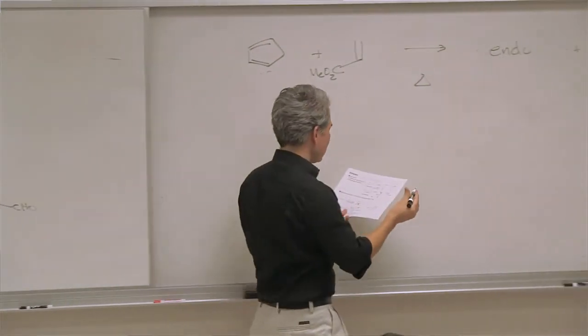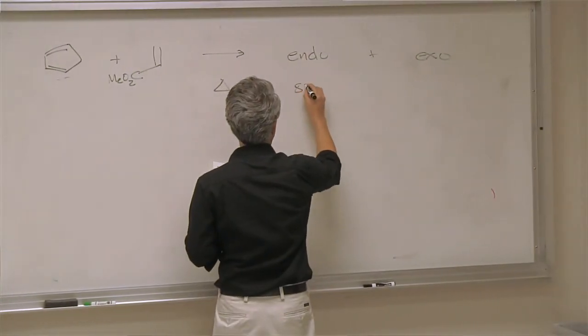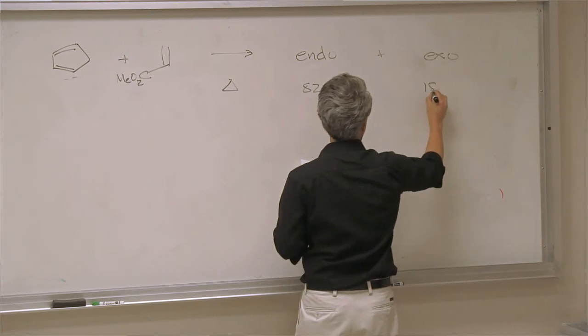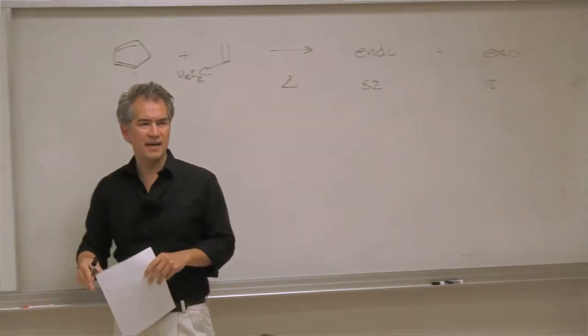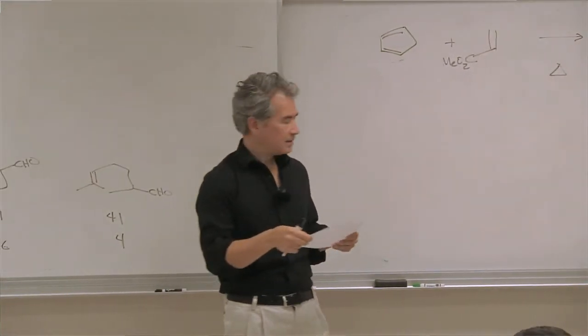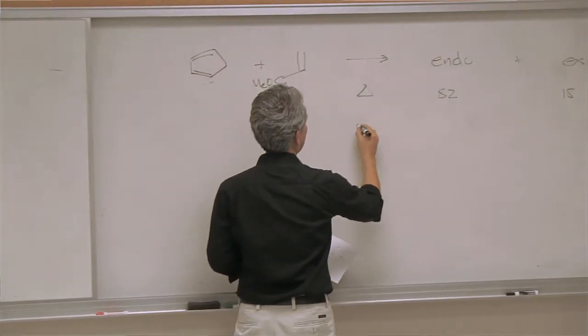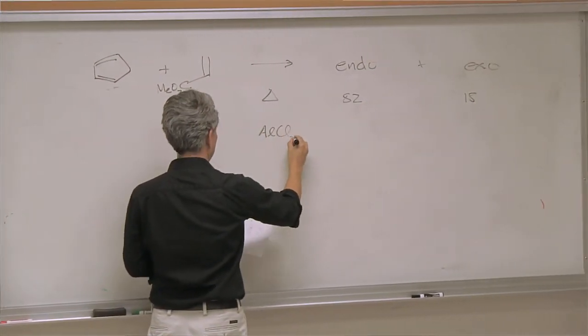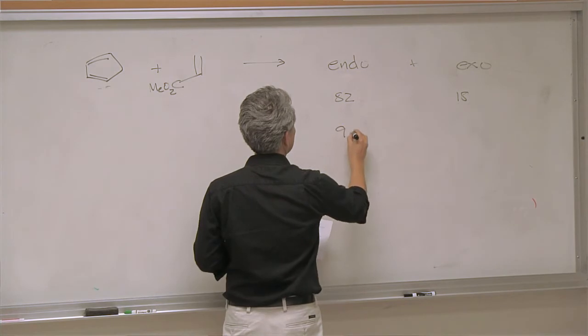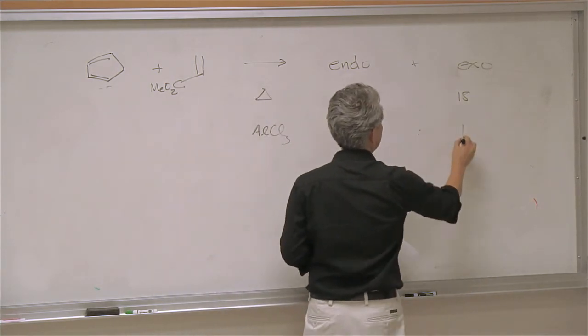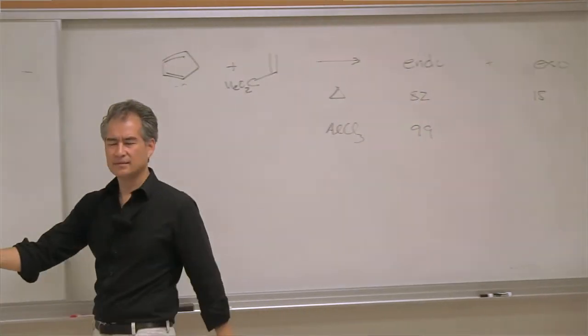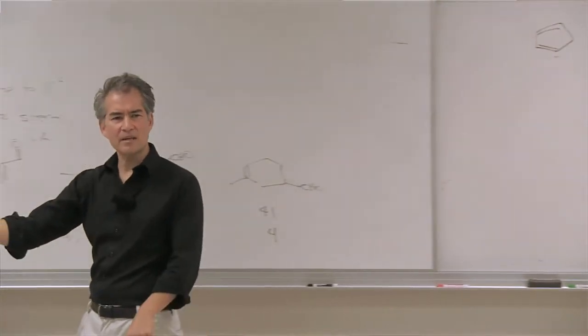So if I look at the thermal reaction, I get an 82 to 18 mixture, 4-to-1, like I said, favoring the endo product. But if I throw in a Lewis acid that can coordinate to the carbonyl, aluminum trichloride, the endo selectivity goes to 99 to 1. And again, the endo product is sterically more encumbered.